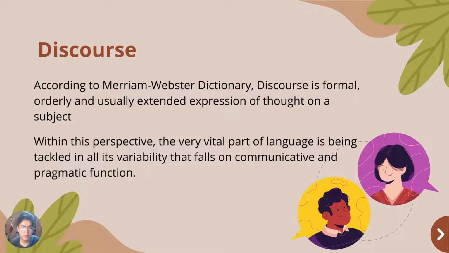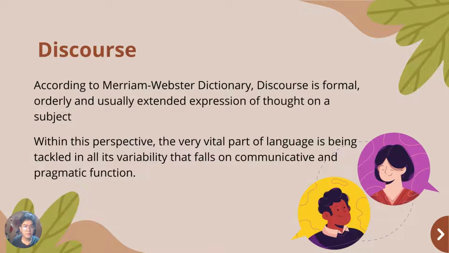Discourse, according to the Merriam-Webster dictionary, is a formal, orderly, and usually extended expression of thought on a subject. So discourse is the exchange of thoughts and ideas, which explains that a child can learn language through interaction, like what I said earlier.